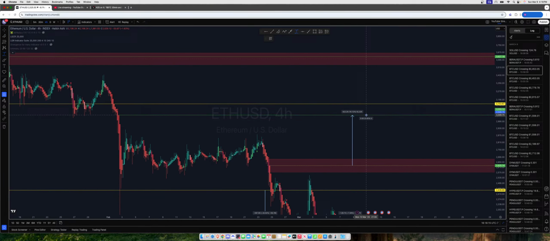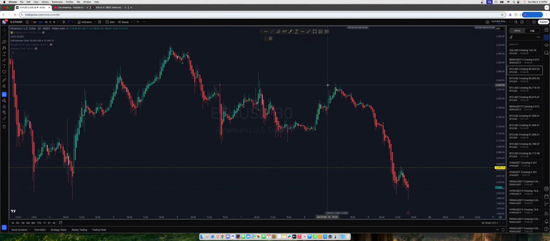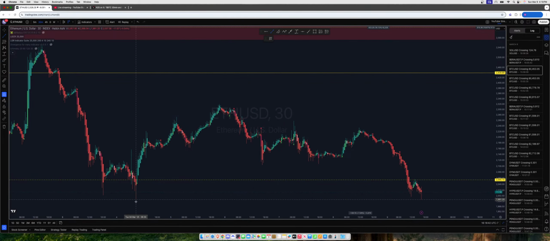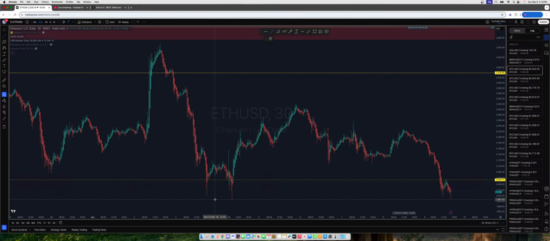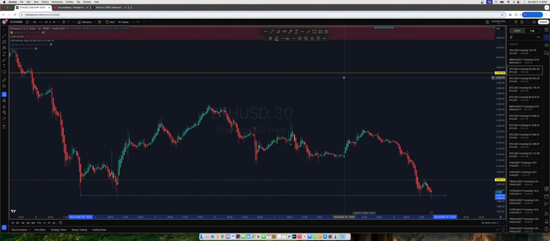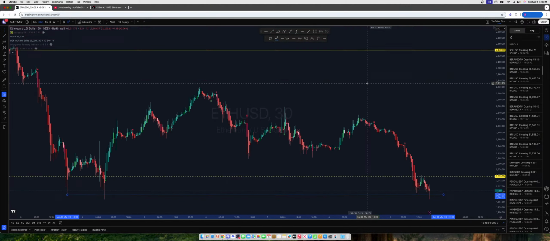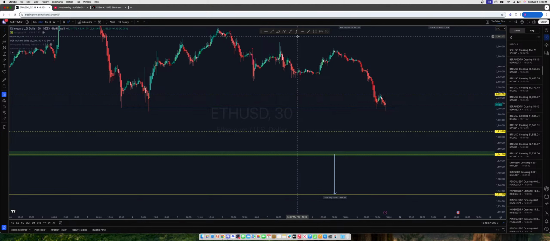Let's see, is there anything going on lower time frame on ETH? Are we possibly going to put in SFP here? Maybe some sort of SFP here. Doubt it. We're still bearish. We also lost this level. So if we're just looking at level to level, right?